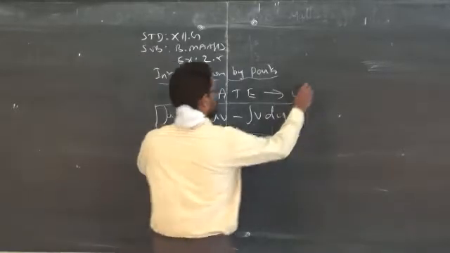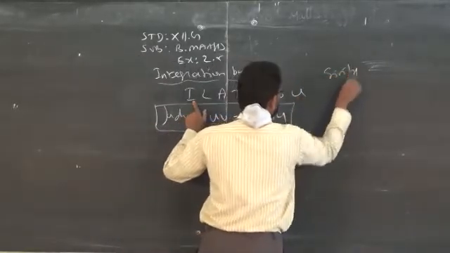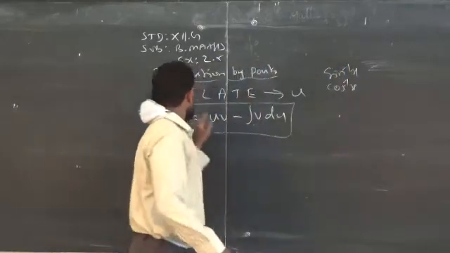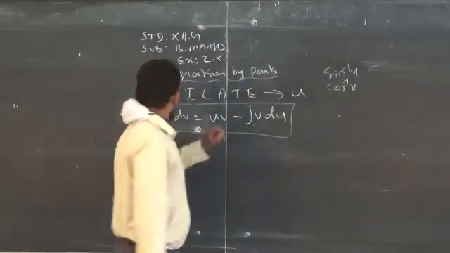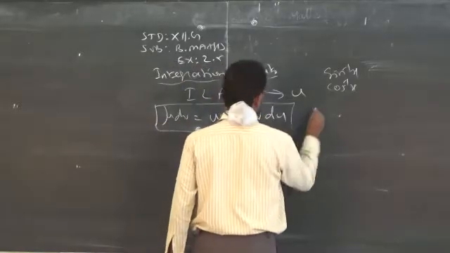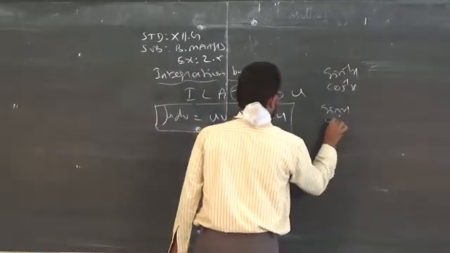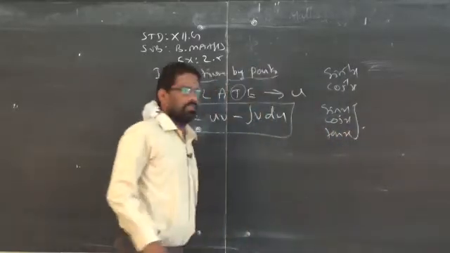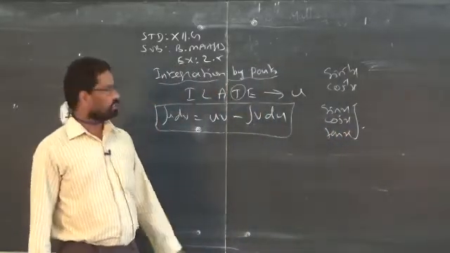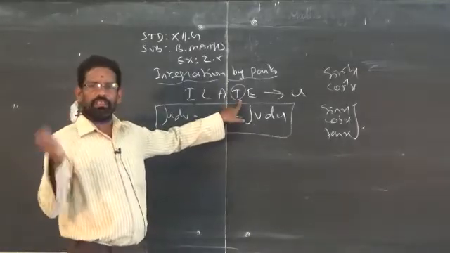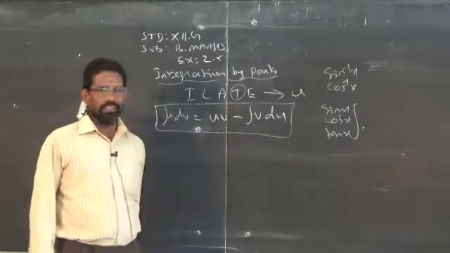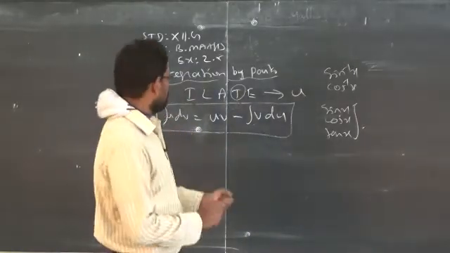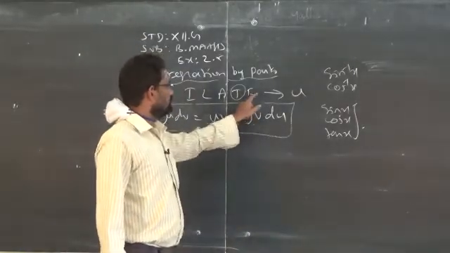Sine inverse of x, cos inverse of x come under inverse, whereas trigonometrical ratios, sine x, cos x, tan x and their reciprocals cot x, secant x, cosecant x come under T. There you take U. Then E, exponential form. Any factor consisting of e power x is also considered U.